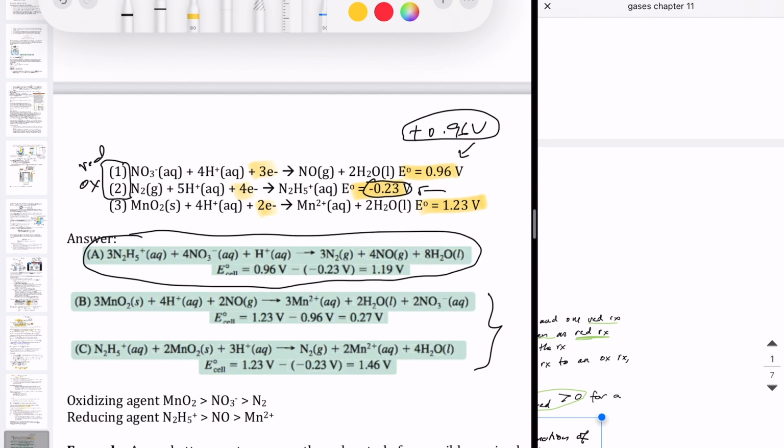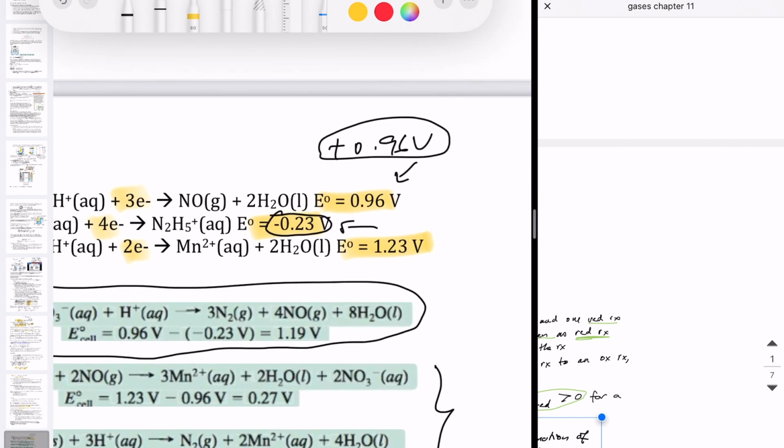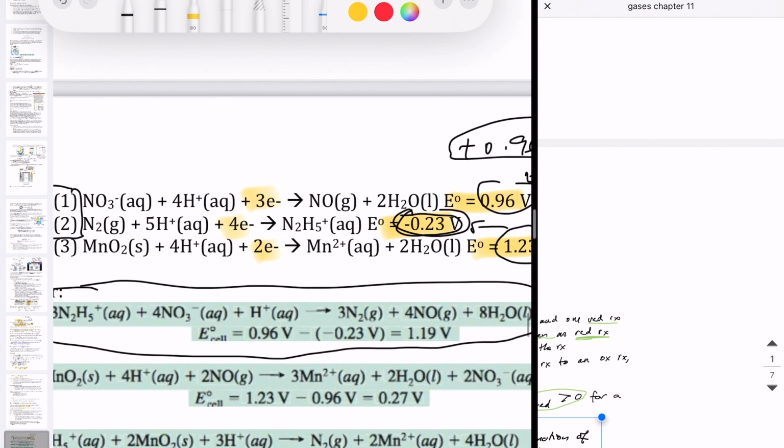Now, the other question that we need to address here is the relative strengths of the oxidizing and the reducing agent. So again, looking at these three numbers, we have this being the most positive, this is the second, and that one is the least positive. In fact, it's a negative number in this case. Okay, so what does this reduction potential tell us? Reduction potential tells us the ability of these species to accept electrons.